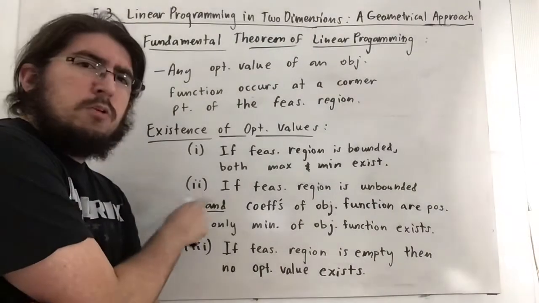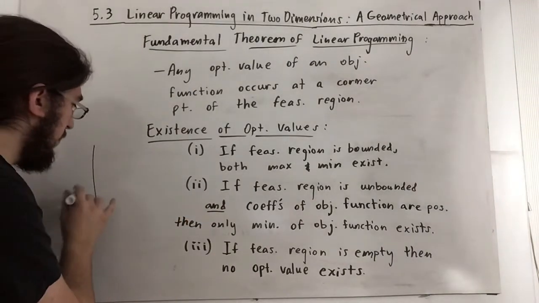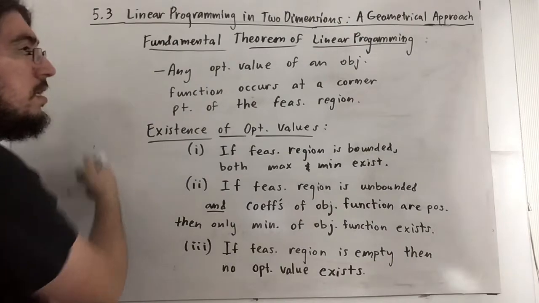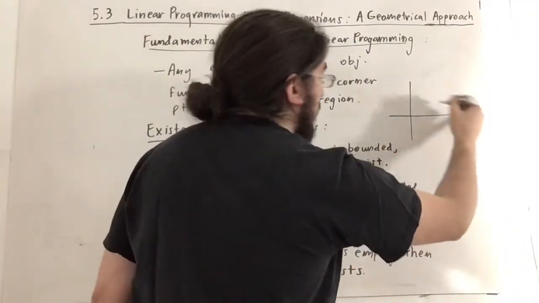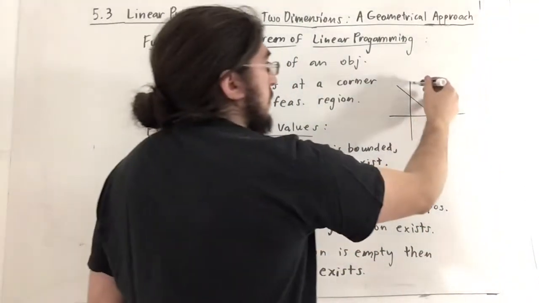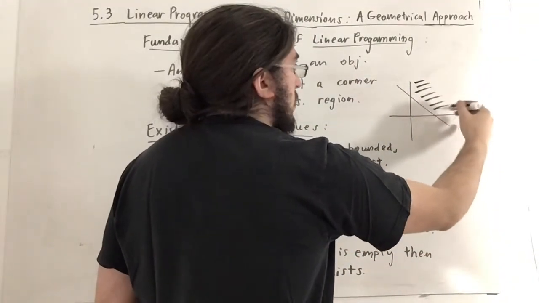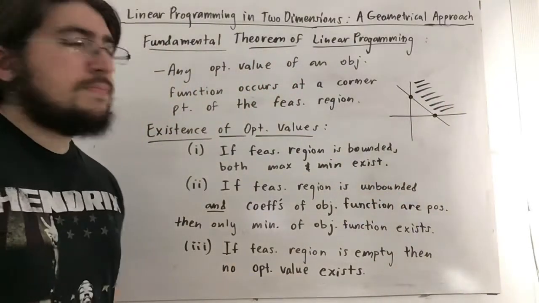Just to talk a little bit more about part 2, let's say we have the following region. I guess I could graph it here. So let's say this is our region over here. We still have corner points, but it is an unbounded region.